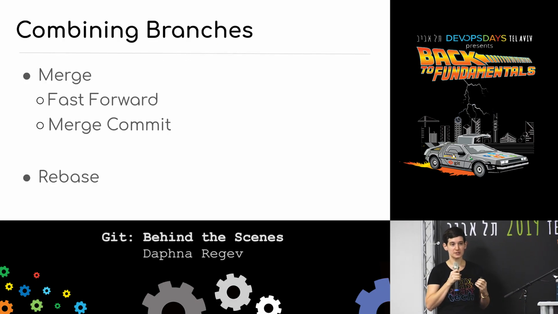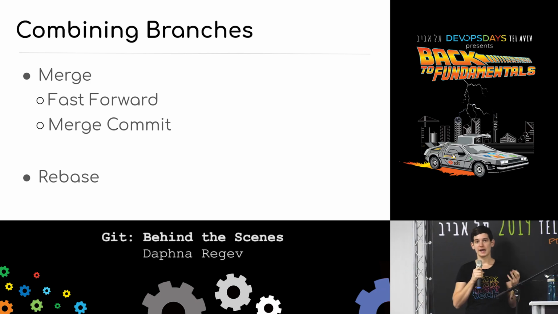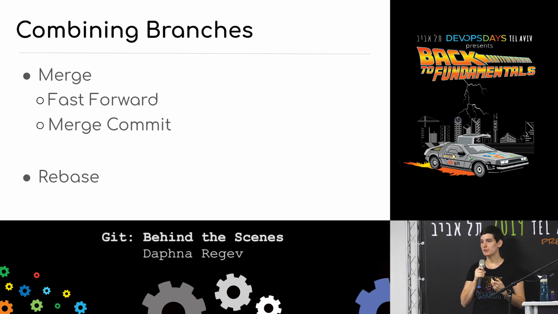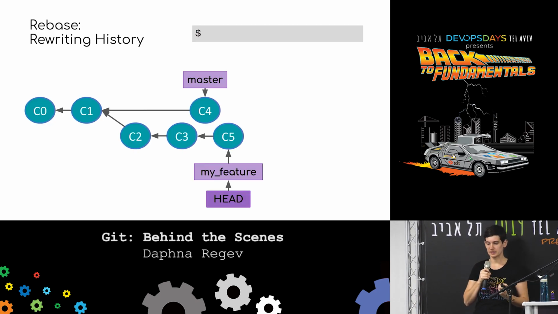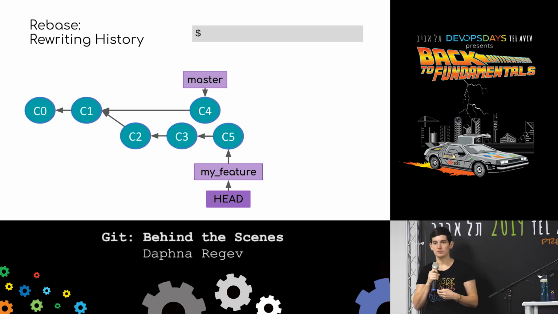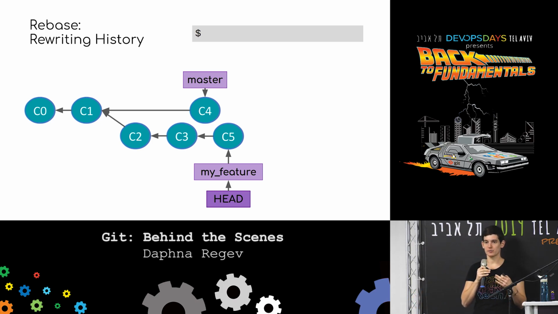So we talked about the merge, that's the fast forward and the merge commit, and now we have rebase, which is really something different. Rebase is really rewriting history. What happened in the merge commit is that we said, okay, this is the history, and now let's combine it. In rebase, what we're saying is, let's change the history.